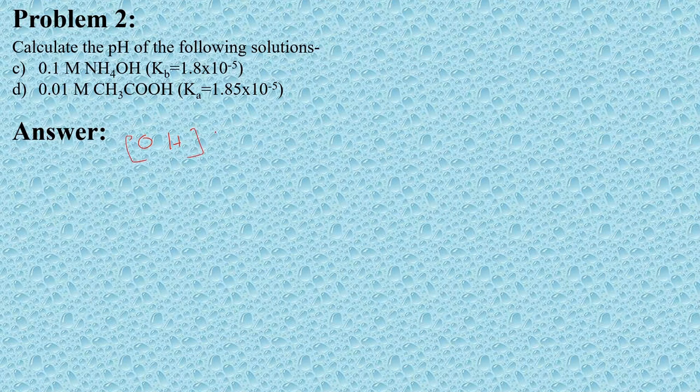OH minus will be C alpha, which is 0.1 into 1.34 into 10 to the power minus 2. That is 1.34 into 10 to the power minus 3 molar.